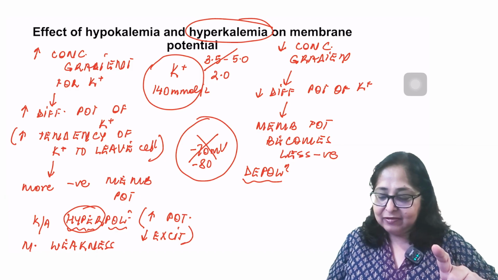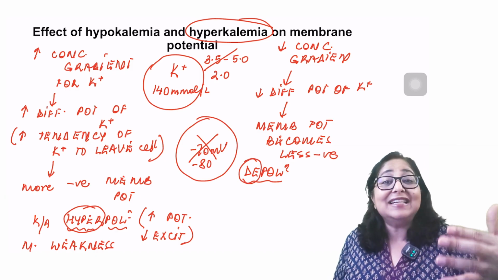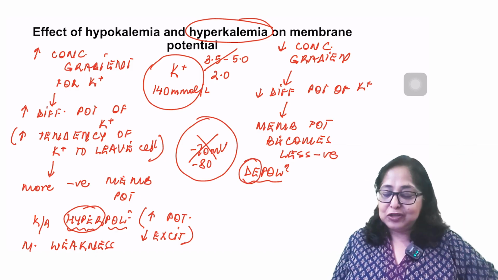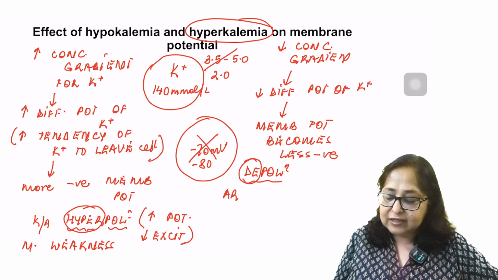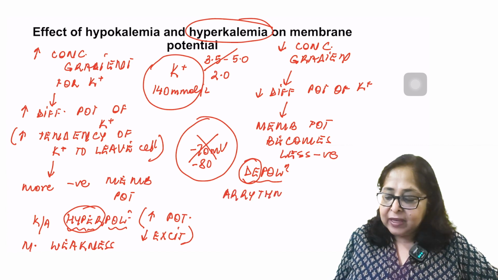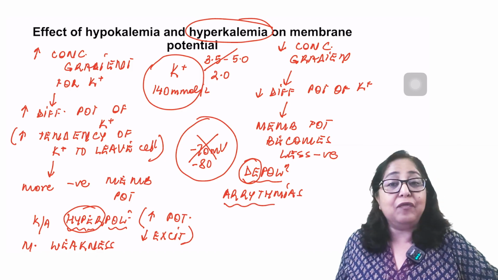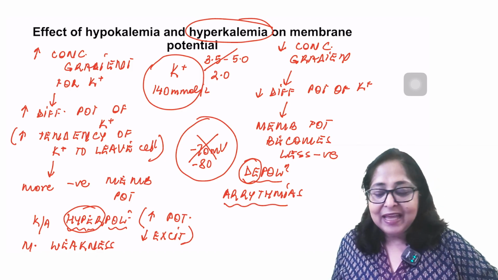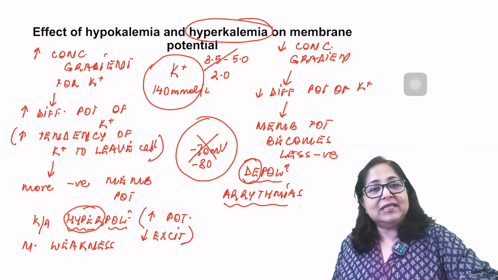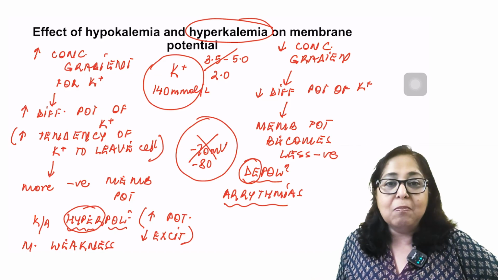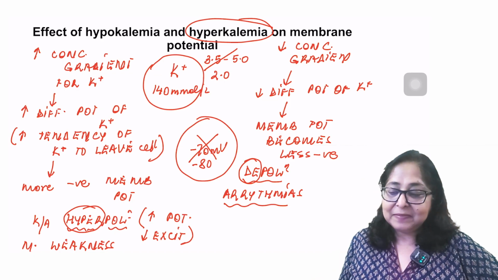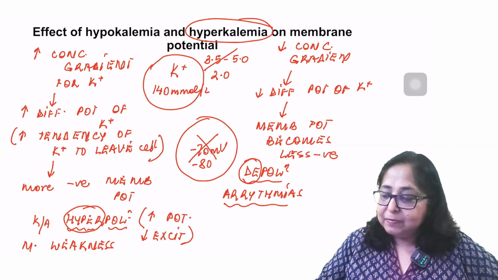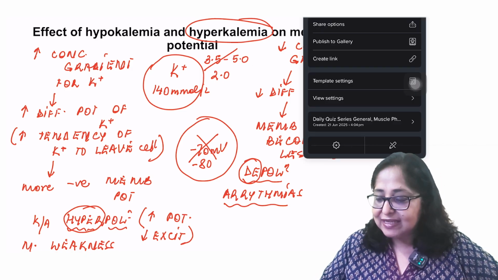That is why decreased polarization. But excitability has increased. So one of the commonest complications in patients of hyperkalemia is arrhythmias. But this is what you see whenever there is a mild to moderate hyperkalemia. In severe hyperkalemia, the picture changes slightly.